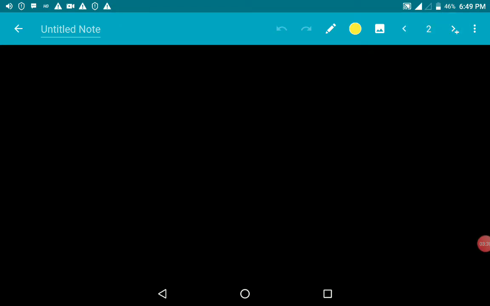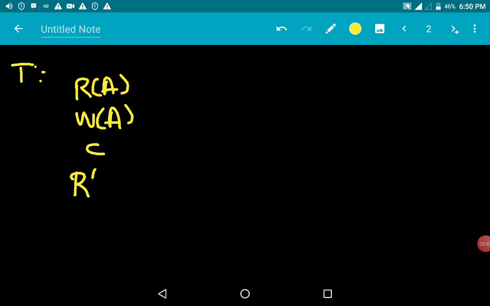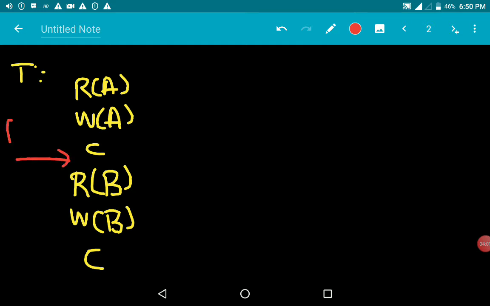For example, if you want to transfer some amount from your account to your friend's account, this transaction contains read your balance, like read A, and update your balance, like write A, and commit, and read your friend's balance, like read B, and write B, and commit. Assume a failure or error happens in between.